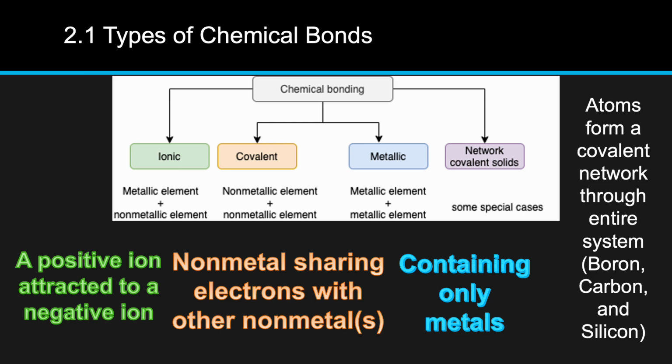Then we have metallic bonding. That's going to be found in metals, obviously. Positive metal cations are essentially going to create this lattice structure that are surrounded by a sea of delocalized electrons that are going to move freely throughout all of those cations. So what do I mean by that? Let's look at aluminum. So if we were to form an aluminum metal and we were looking at the particle level of our aluminum atoms, what would happen if they were all bonded metallically is the aluminums would form cations.